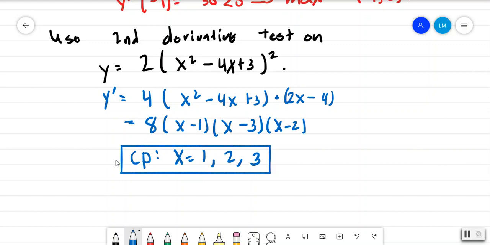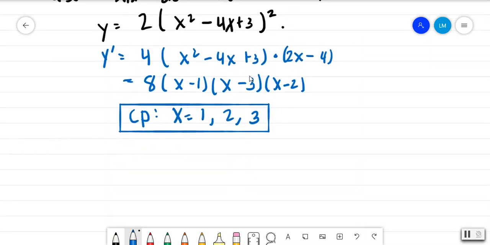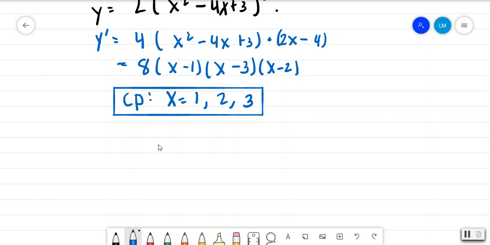Okay, so the next step is that we just need to take the derivative of this equation. It's really just preference if you want to use product rule, or if you want to multiply this through. You can if you want, but what I'm going to do instead is say that y prime is equal to 8 multiplied by (x squared minus 4x plus 3) multiplied by (x minus 2).